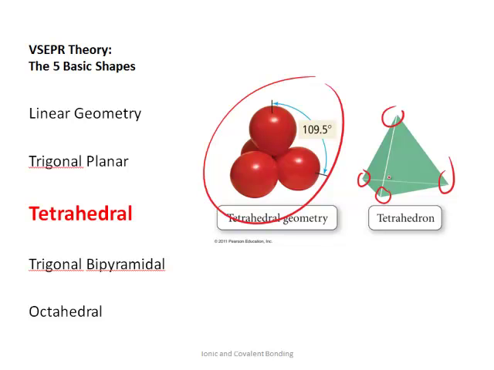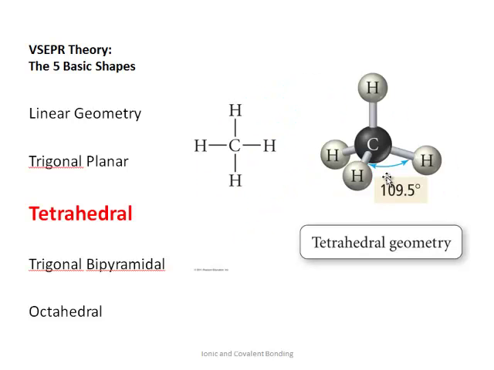These can get 109.5 degrees from each other in three dimensions. An example of that would be methane. Methane is a 4 electron group molecule. Each of the bonds between carbon and hydrogen represents an electron group, and they can get 109.5 degrees away from each other. Very important here is that no longer are all the atoms in the same plane.